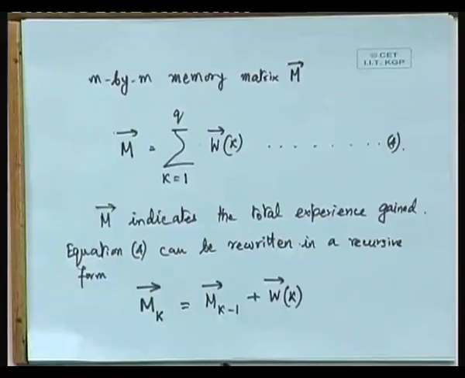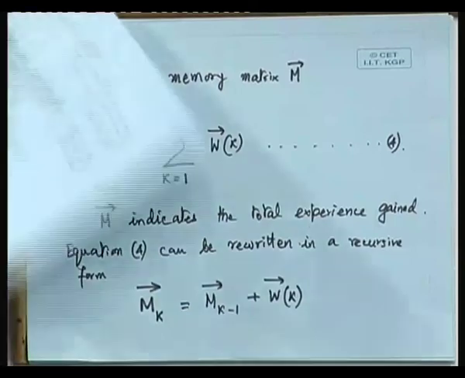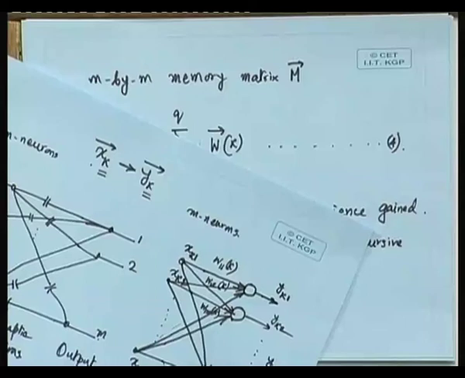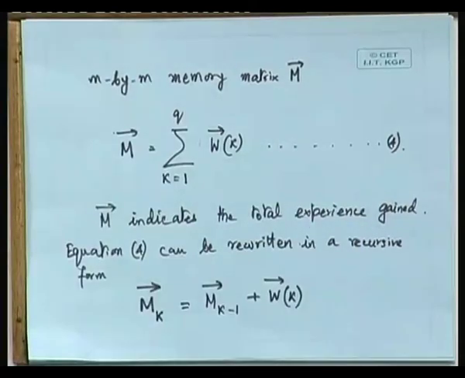Again, one can also ask another question at this point: we are feeding individual patterns with k equal to 1, 2, and so on.